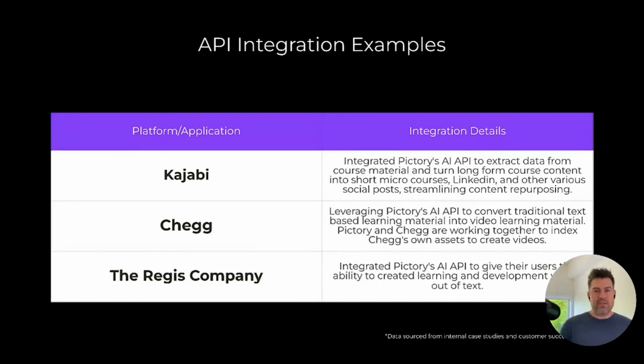One thing they're seeing with their students, especially in higher ed, is that as each generation gets older, the younger generations are used to learning through watching and consuming videos, the YouTube generation, if you will. So what they're doing is taking their existing text-based learning content and turning it into short form videos that they can share on TikTok and YouTube Shorts, where their customers are hanging out. And they're building this functionality directly into their UI. And that's the power that the API brings.